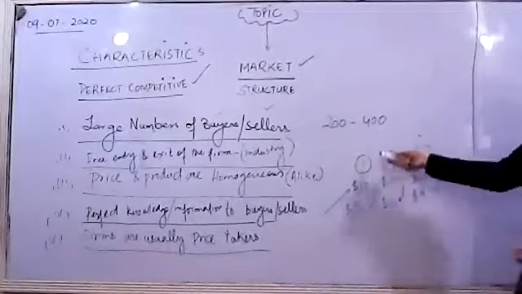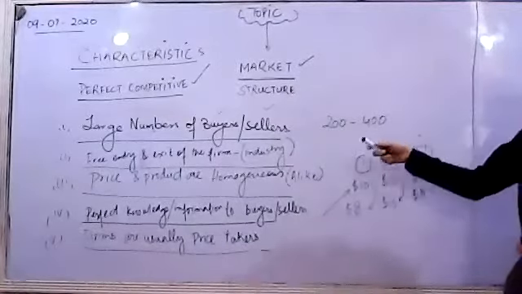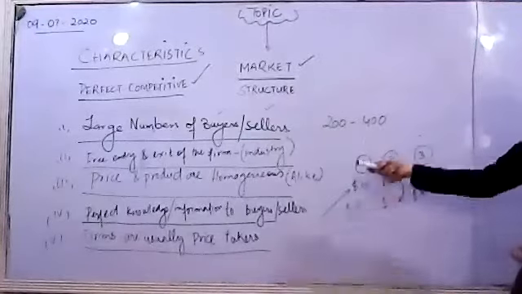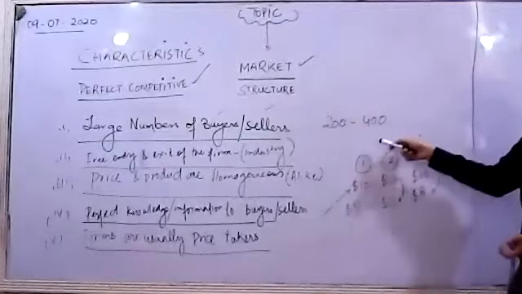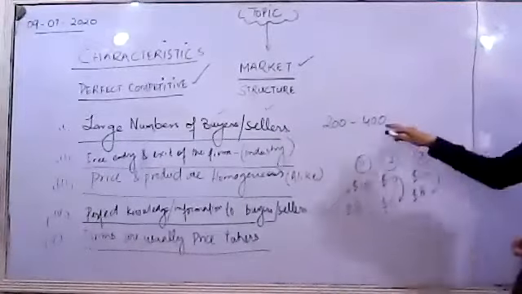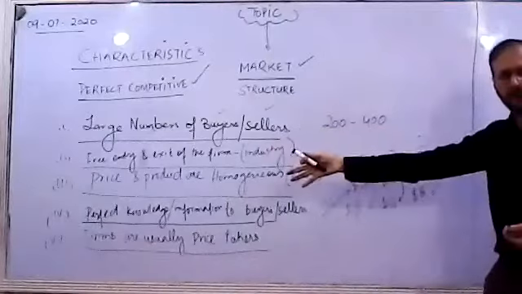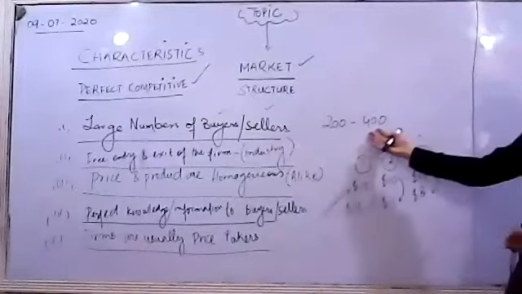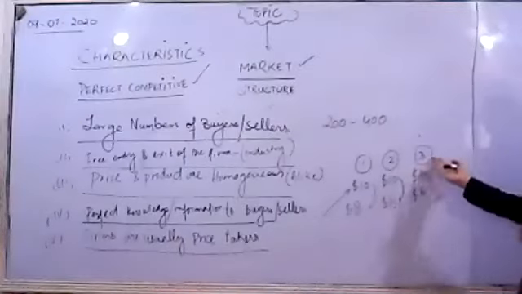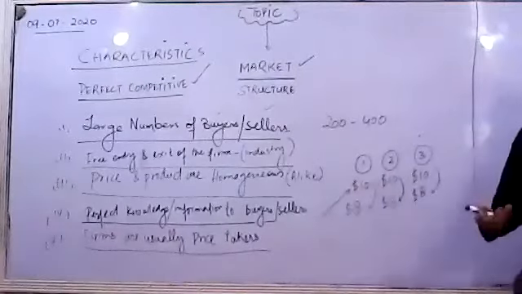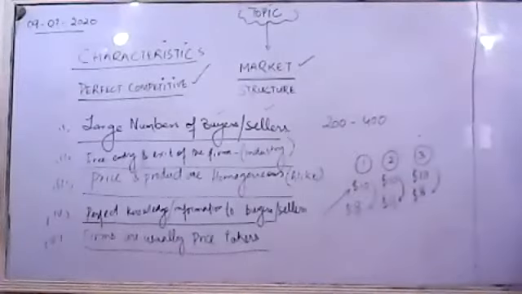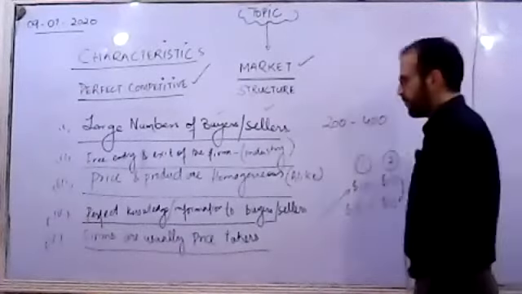If somebody says, no, I'm going to charge a higher price, then he may lose his customers. Why? Because there are a number of sellers, and if one is increasing the price, you have other options to go for. You can contact other sellers who will sell to you at the competitive price, which is set in the market by the demand and supply forces. So that was the 5th point.